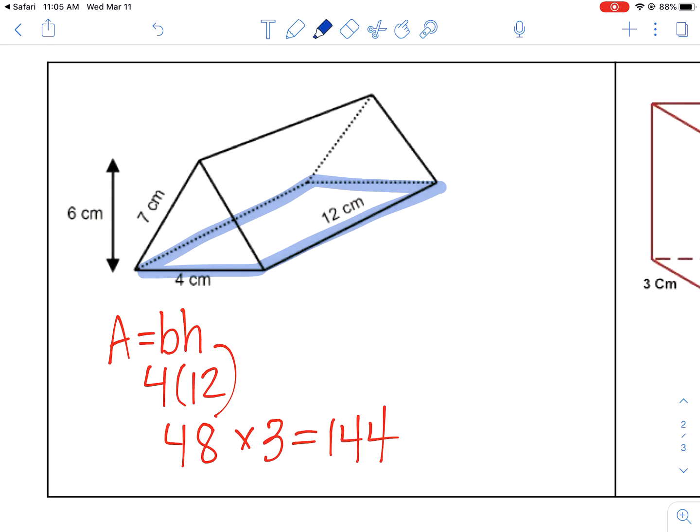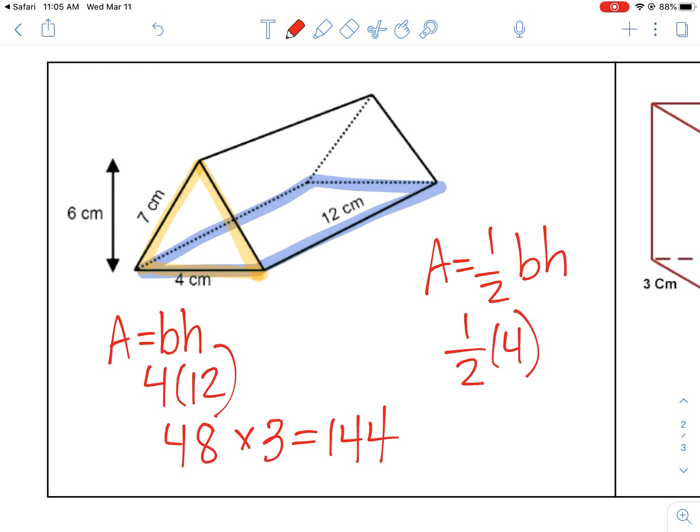Then we also have to find the surface area of these triangles. Using what we know about triangles, area equals 1/2 base times height. So we have a base of 4 because it's what it sits on the bottom. And then over here, it tells us the height is 6 centimeters.